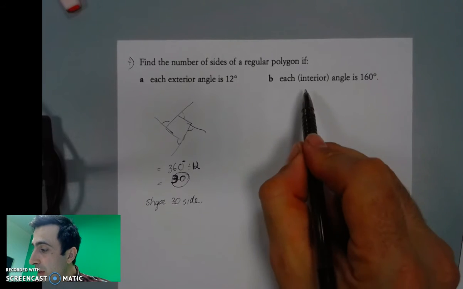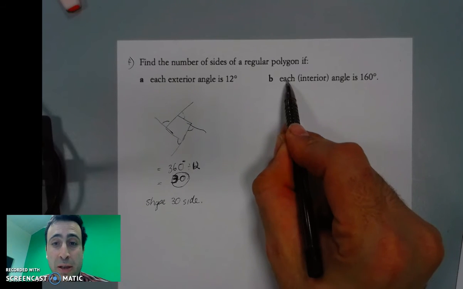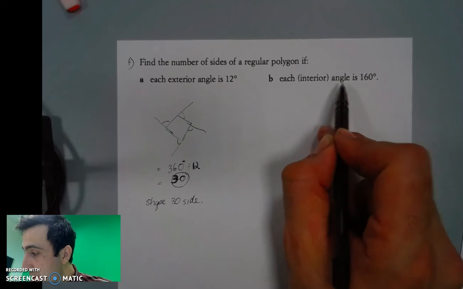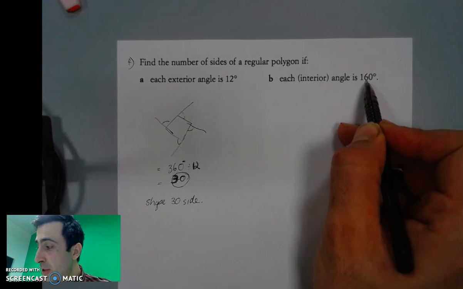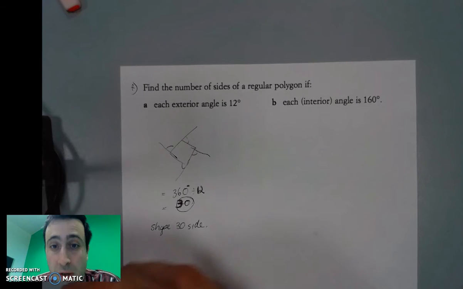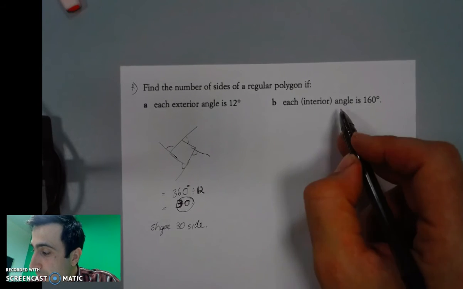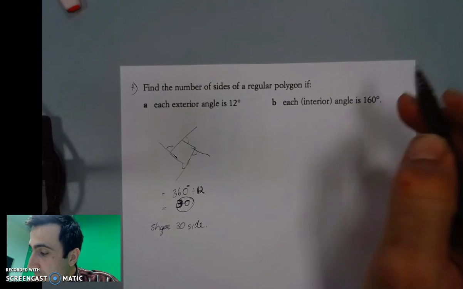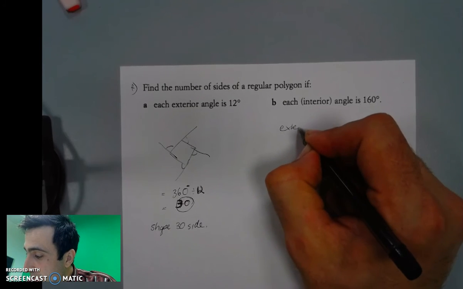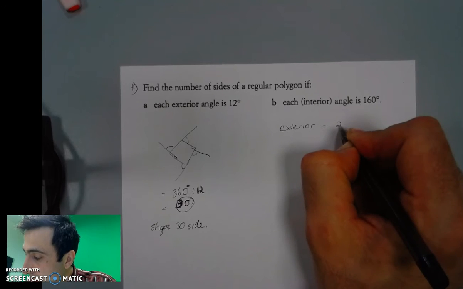Whereas what we want to do now is figure out what's each interior angle. Each interior angle is 160 degrees. So this is a little bit cheeky. Sorry, the background noise is ridiculous now, but if we see that each interior angle is 160 degrees, that means the exterior angle is 20 degrees.